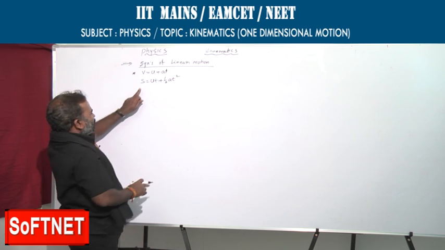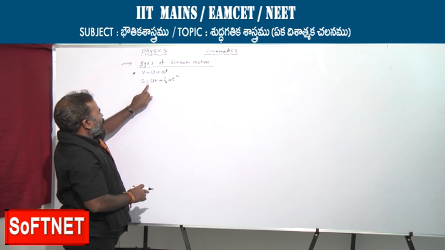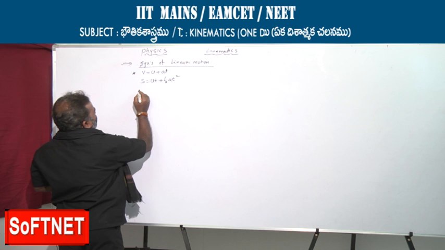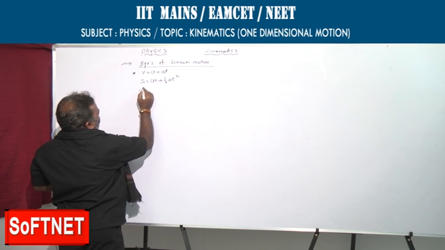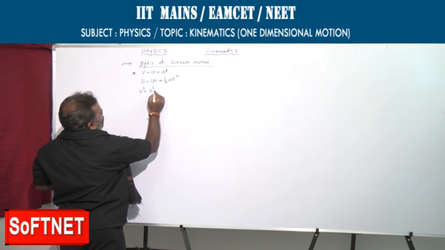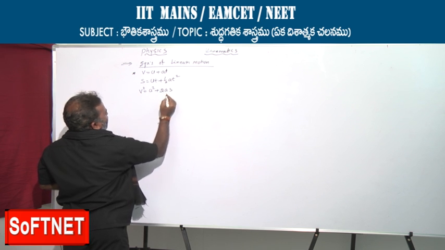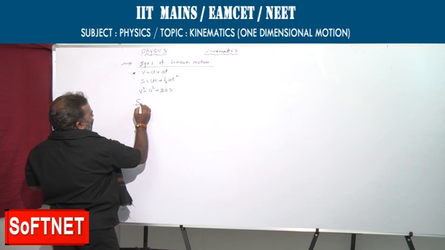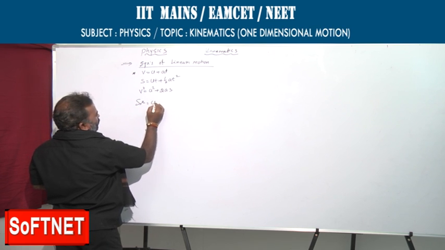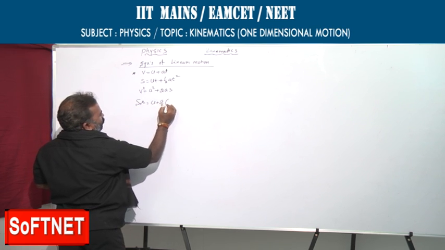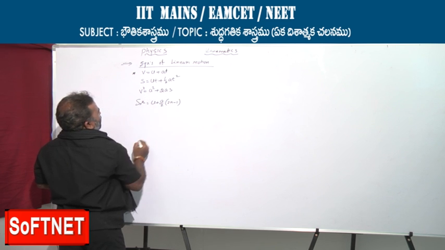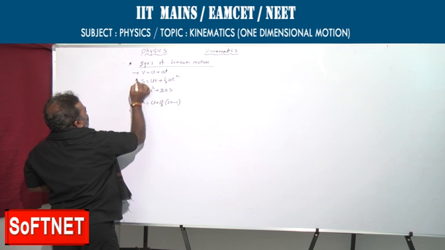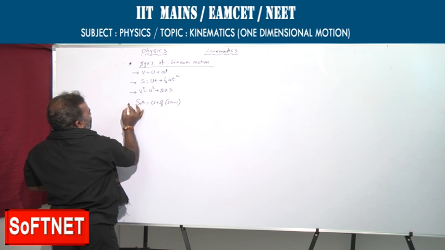S is the displacement made by the body, U is initial velocity, A is acceleration. The next equation we are having V square is equal to U square plus 2AS. S is again displacement. Another equation we are having is Snth equation, U plus A by 2 into 2n minus 1. These are the 4 equations generally we will be coming across in the complete kinematics.